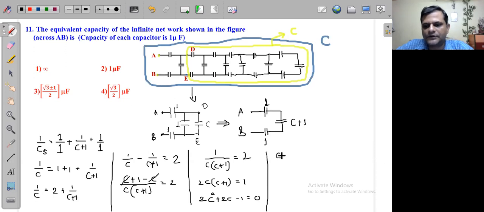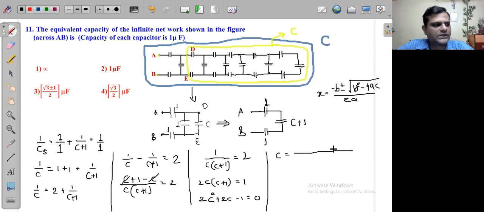So if we just use a formula, then we can be able to get that formula, which is x is equal to minus b plus or minus root of b square minus 4ac upon 2a. ओके, ये वाला फॉर्मूला हमको यूज करना है जो क्वाड्रेटिक इक्वेशंस का रूट्स निकालने के लिए यूज किया जाता है. तो हमको मिलेगा यहाँ पे c is equal to minus of 2 plus or minus root of b square, which is 2 square, which is 4, minus 4ac.